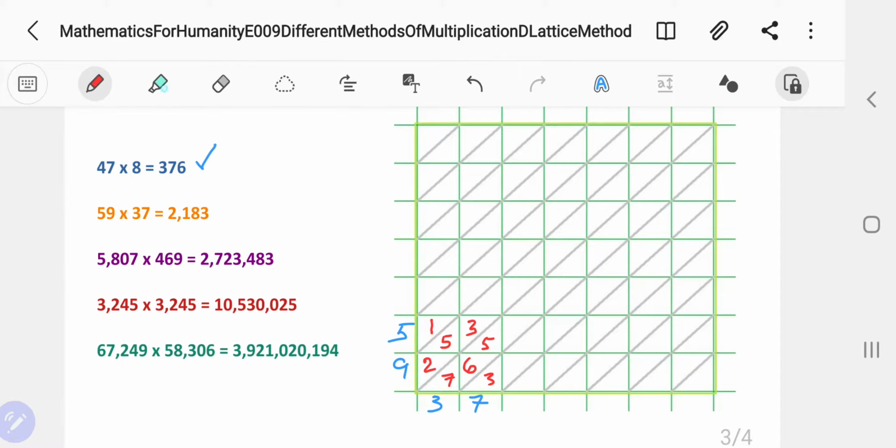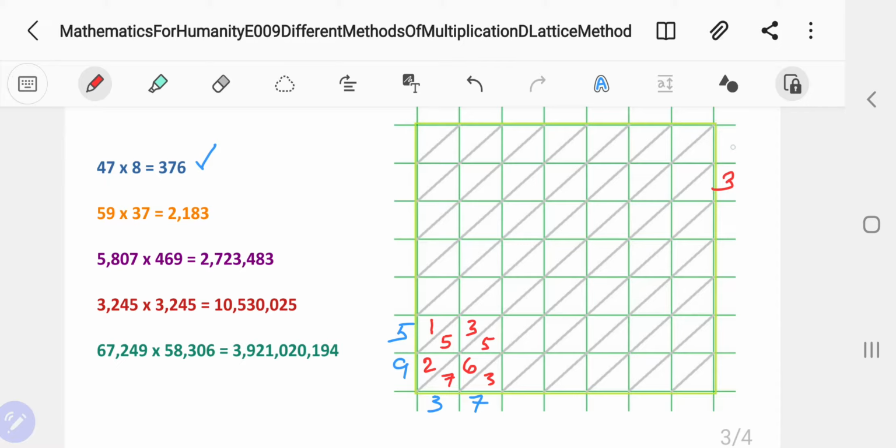So I have 1, 2, 3, 4 diagonals. In this diagonal I have 3, and then on this diagonal I have 5 plus 6 would be 11, plus 7 would be 18.